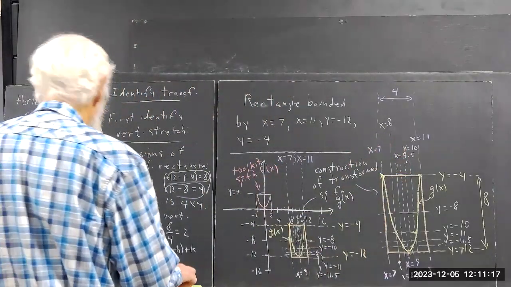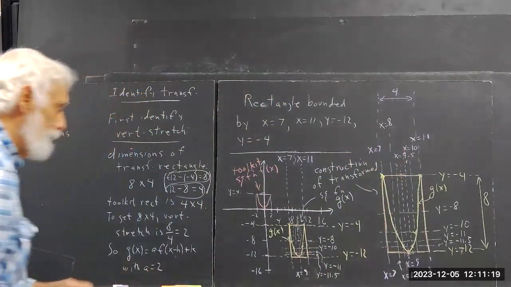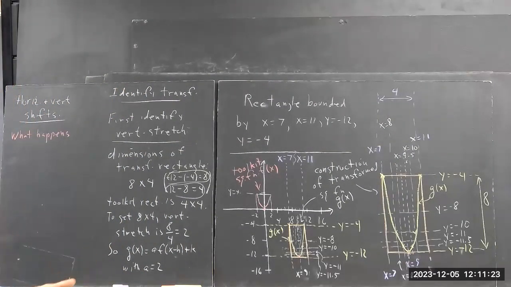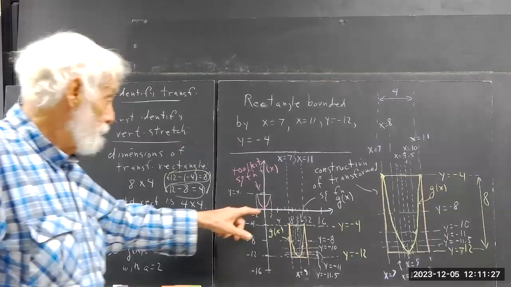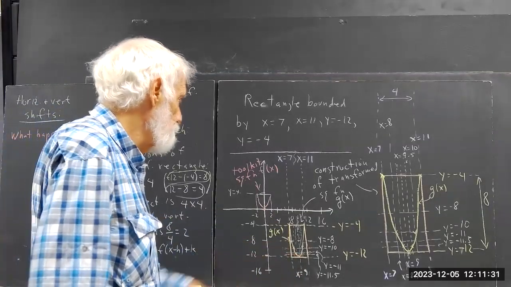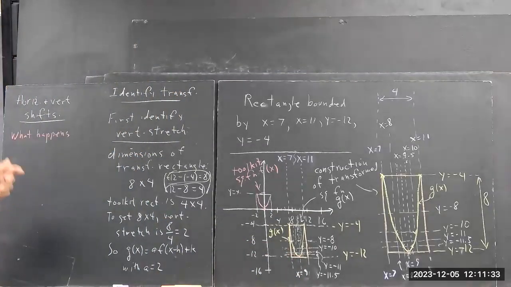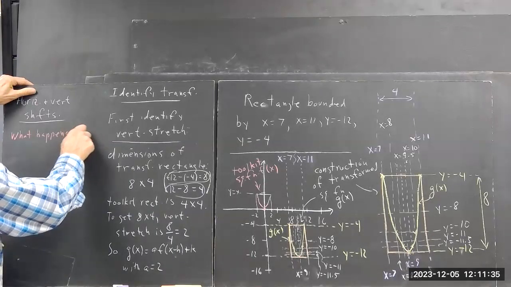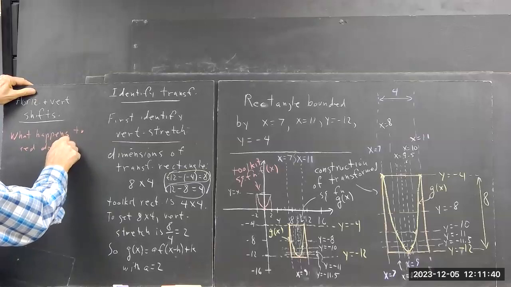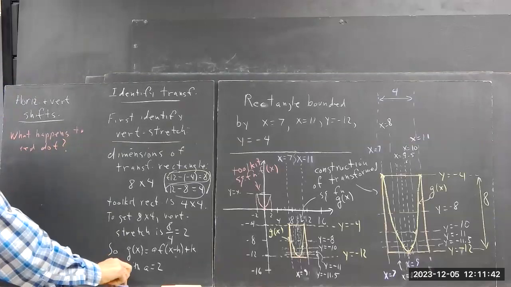Okay, so now we want to see what happens. What's the horizontal shift? What's the vertical shift? Focus on the red dot. Goes from here to here. What are the coordinates of this point? What happens to the red dot?